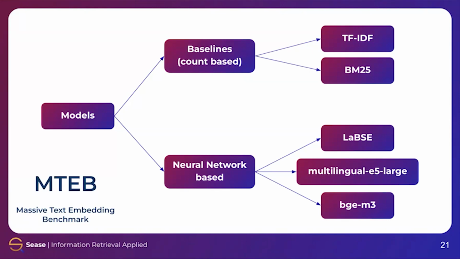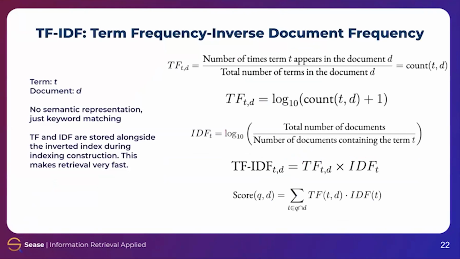As baselines, I just tried to have lexical search with TF-IDF and BM25 for comparison, because the main focus of the work was working with vectors, not improving the lexical part. They told me, okay, lexical part, just keep it with default parameters, don't work on that, just work on neural network-based models. And they asked me specifically for Italian, no other languages.